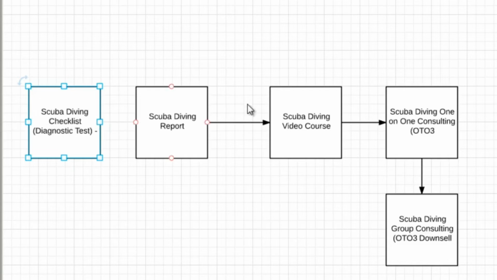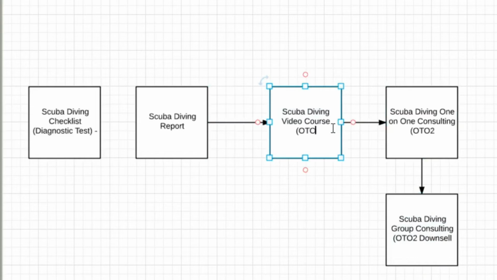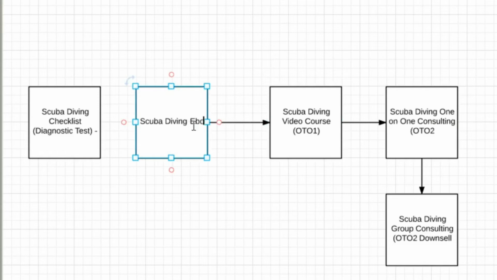So let's see, OTO 3, 2, 1, front end offer. So I'm going to actually do just OTO 2 because in this case, we could solve their problems via this. So we're going to do OTO 1. We're going to do, actually, instead of a report, we're going to do an ebook. And that can be front end. And that could be anything you want. You could do something like the top 10 reasons why you fail in scuba diving.